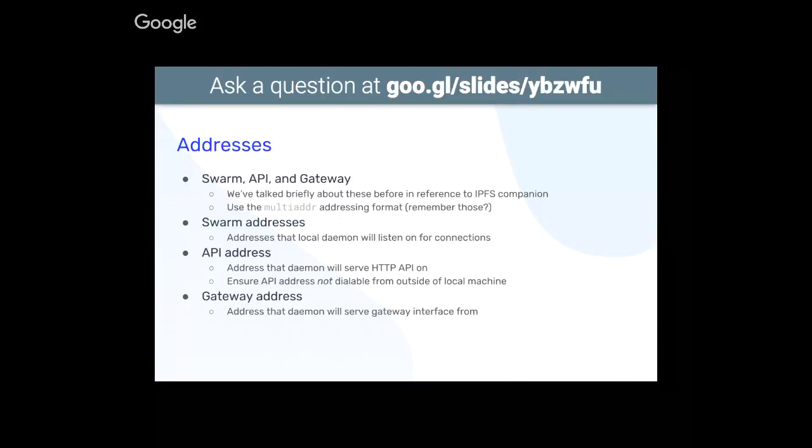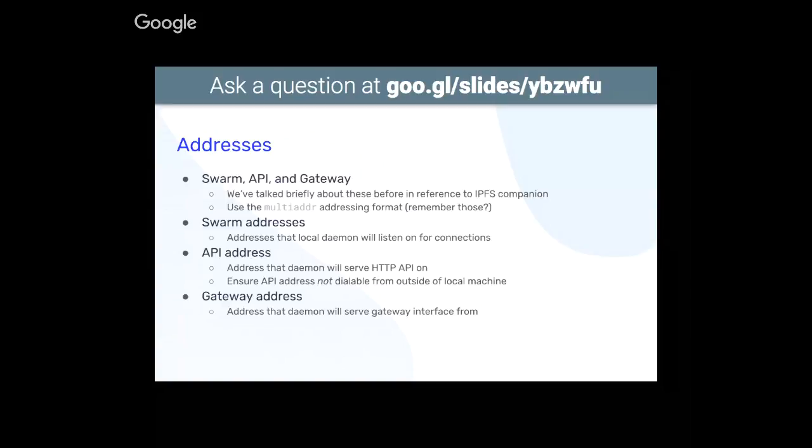So first things first, you can control the addresses that your peer interacts on. And so you can start by tweaking these things pretty easily. There are three main options here, and you can control each of them by specifying a multi-address. And hopefully you remember those from some of our previous sessions. Basically, it describes the location of your particular peer, or in this case, the location of where your gateway will be running, including the port and protocol and all that stuff.